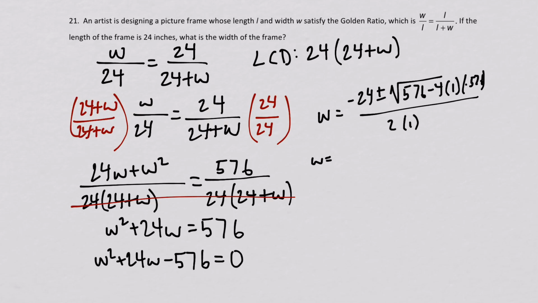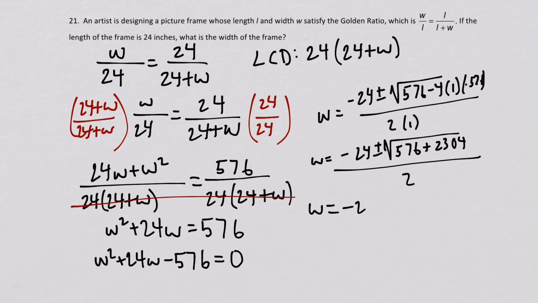Simplify that down. I get negative 24 plus or minus the square root of, inside the radical, 576 plus 4 times 1 times 576. A calculator tells me 2304, all over 2.